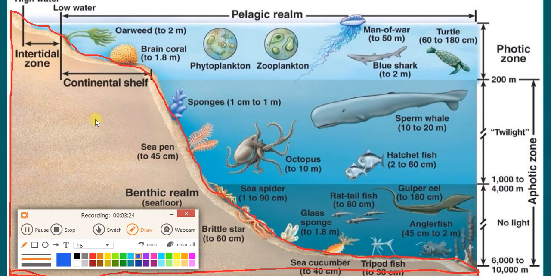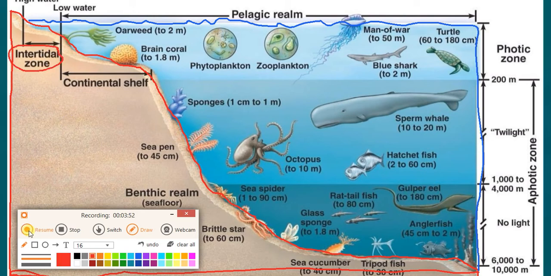Okay, next you're going to go ahead and sketch in the ocean surface. I'm going to make really crappy waves because I'm drawing with a trackpad and that's never ideal. Alright, so we've got a few zones that we want to indicate here. One of those zones is the intertidal zone. That's this word right here, so the intertidal zone.